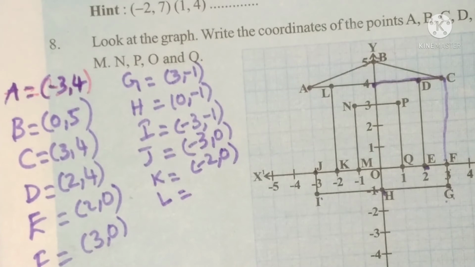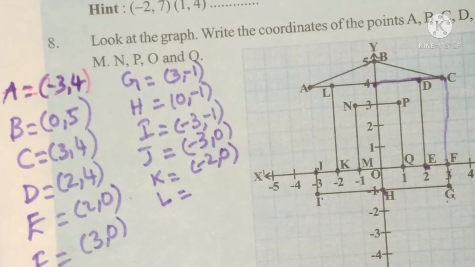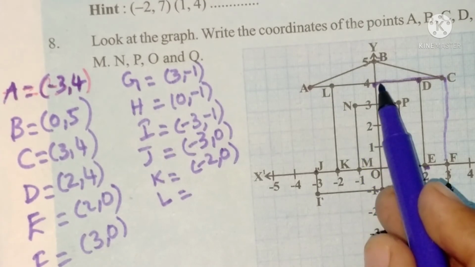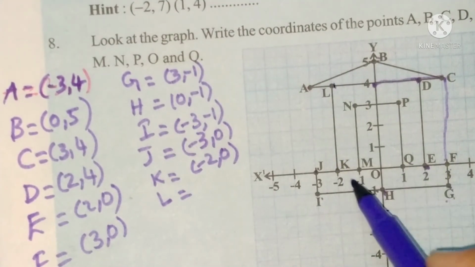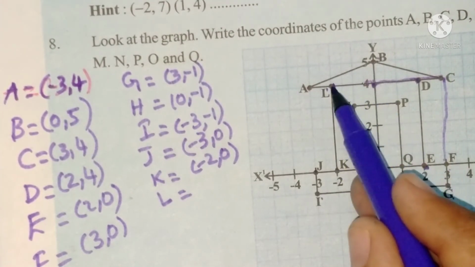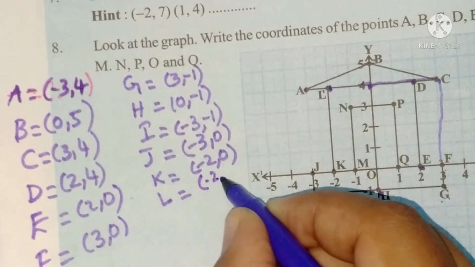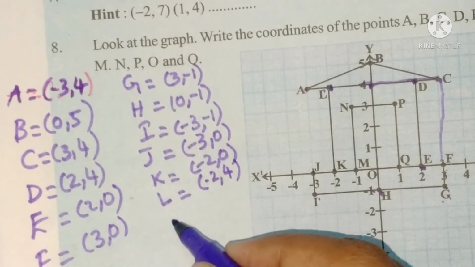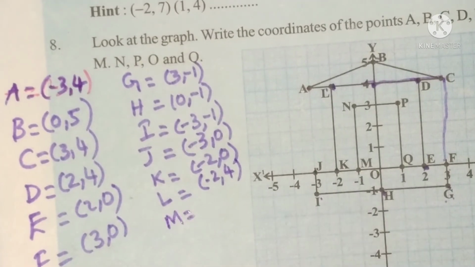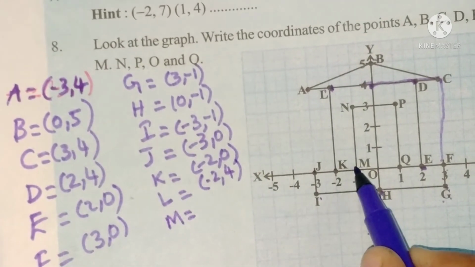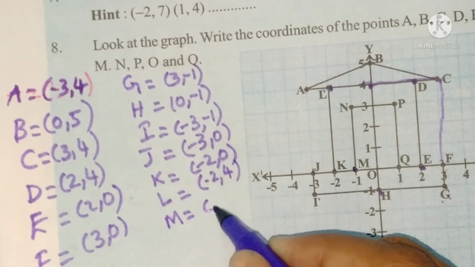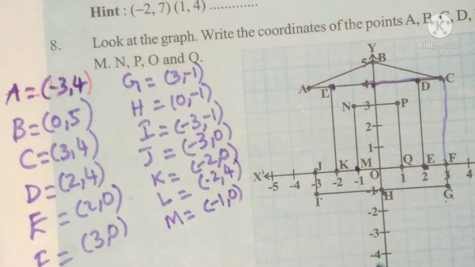And L. Where is L? It is here. Okay. So this is minus 2 and this is 4. So L minus 2 comma 4. Next M. Where is M? Here. M lies on x-axis. So y 0, minus 1 comma 0.